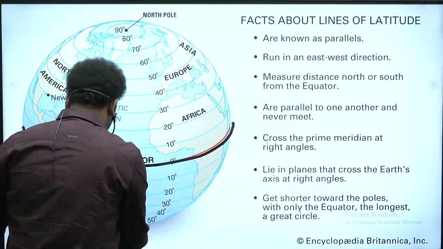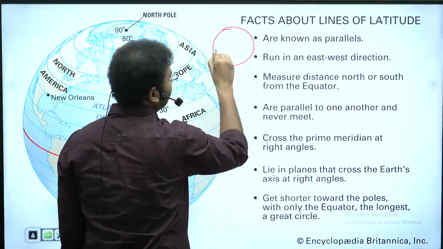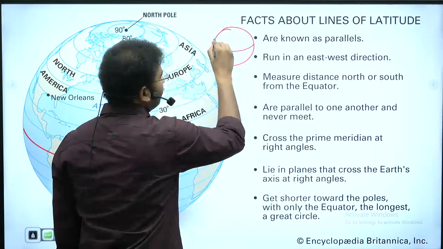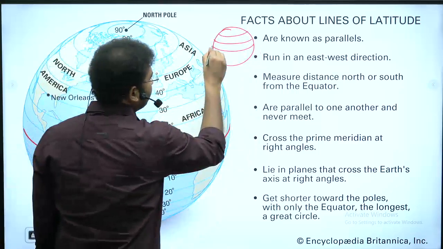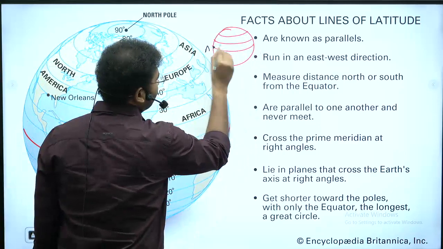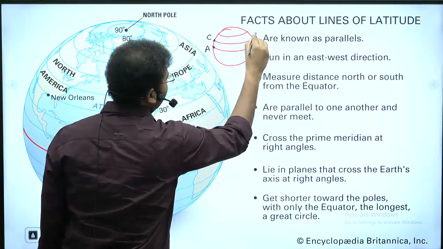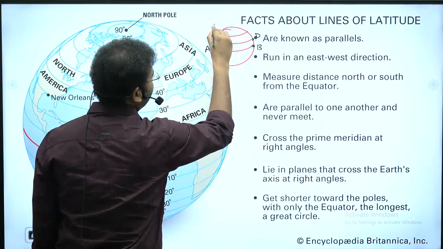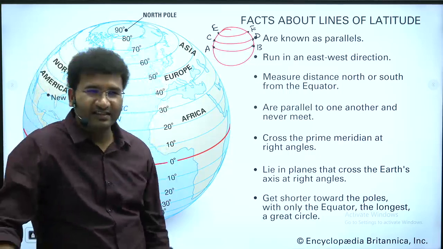For example, in simple terms, this is the earth. This is point A. This is point B. This is point C, point D, point E, point F. Now you tell me whose length is longer?